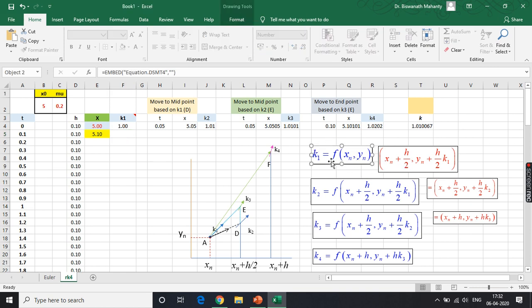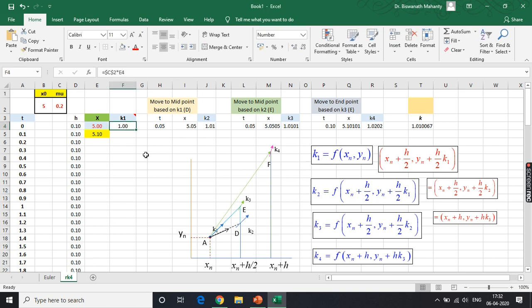The first thing we are showing here, k1 is calculated. If k1 is calculated, what will be our next part? Using k1, that slope, we want to go to the midpoint. So first, what is the coordinate? This point's coordinate will be xn plus h by 2.